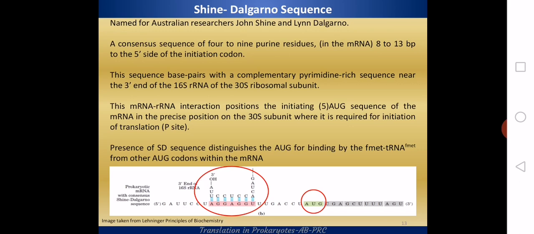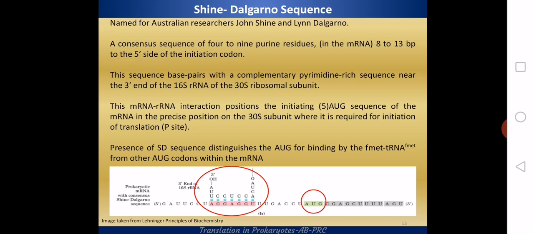So how does the tRNA fMet identify that this is the first start codon, and that to that site I have to go and attach? How does the tRNA recognize this?